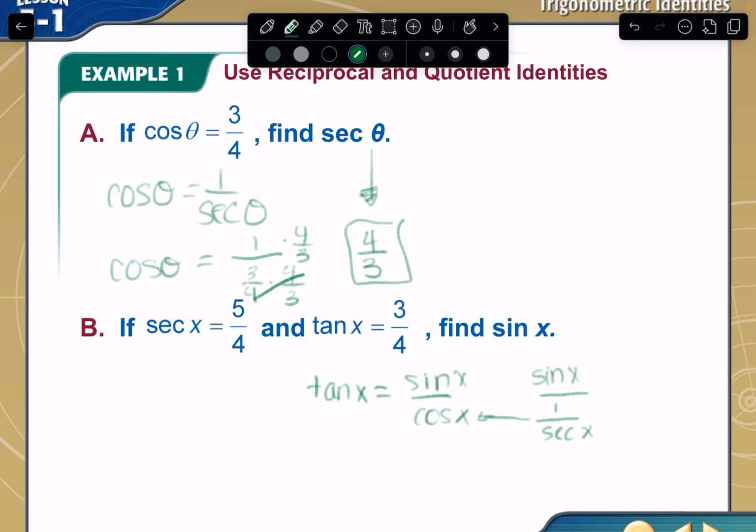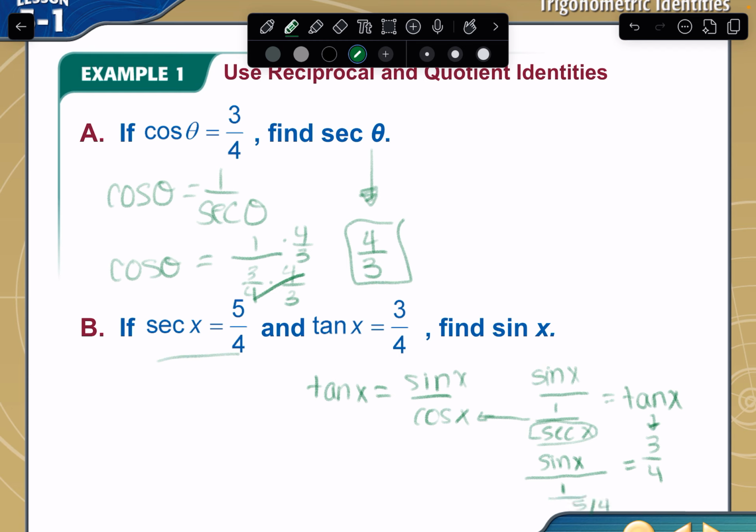For this, you're now plugging things in. So I have that this is equal to tangent x. So tangent, I know, is 3/4, so I'm going to plug that in here. Sine is what I'm trying to find. Secant is given to me in the problem as 5/4, so I would write this as 1 over 5/4.